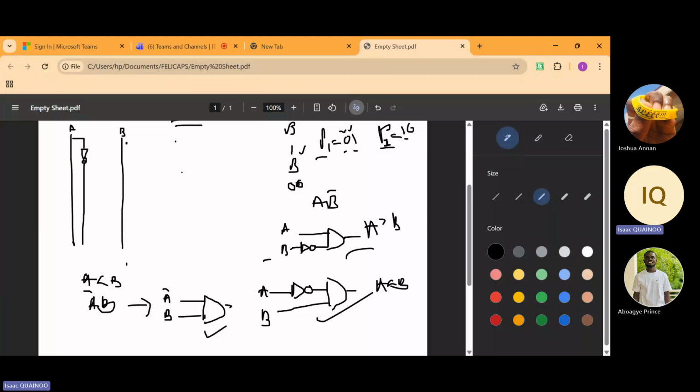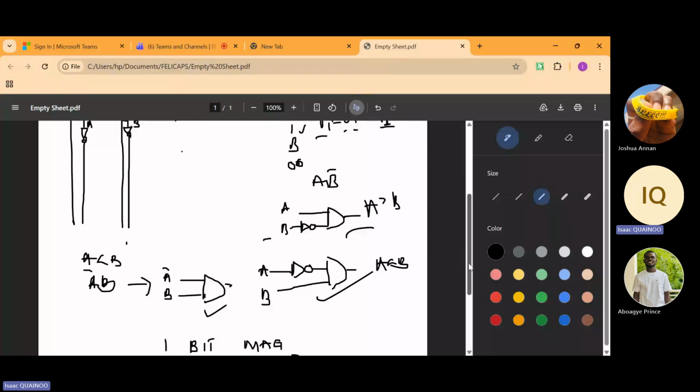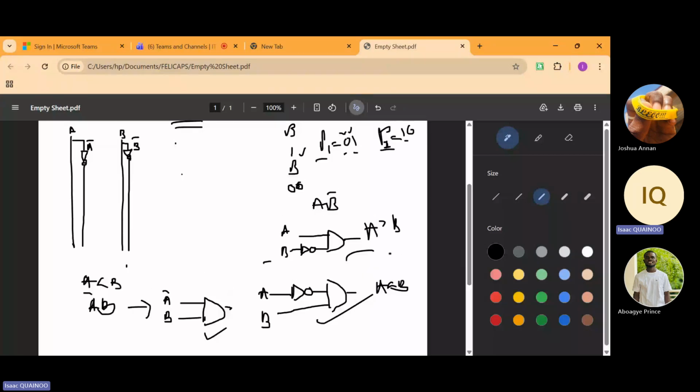And then we denote its negation as B bar. Then we go right here. Okay. So right here we have A bar. And then here we have B bar.